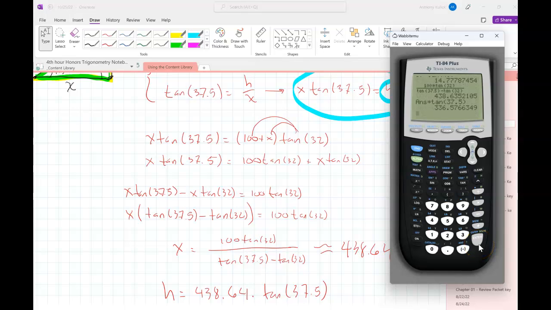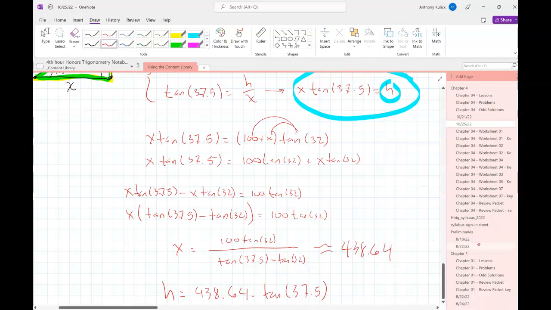And that's 336.58. And I think we're dealing with feetsies.